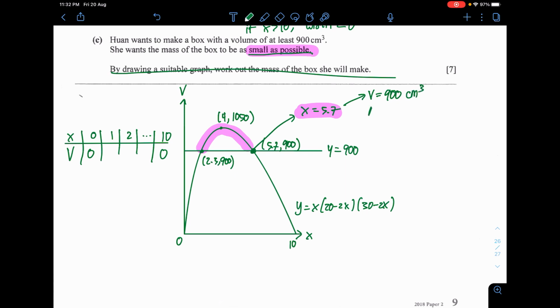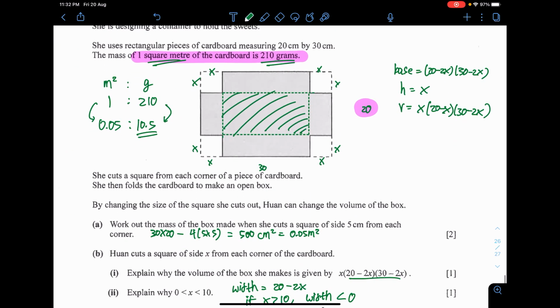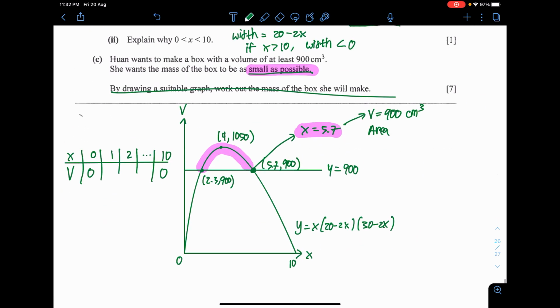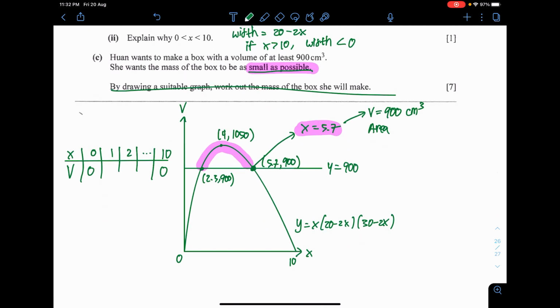And then the area. Again we need to find the area just like now. The area of this thing, just like question A, you take the rectangle minus what you are disposing of. So 30 times 20, and then minus 4 of the squares that you cut.